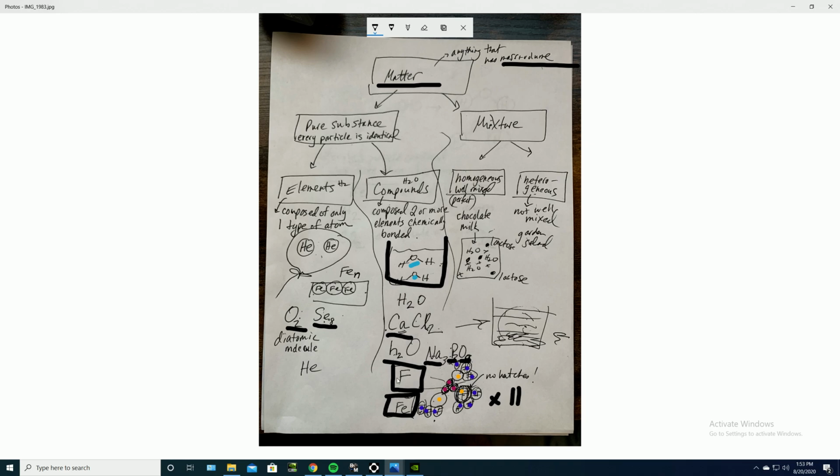So when you're writing an element name, the first letter always has to be uppercase and the second always lowercase. And if it's just one letter, it's always going to be uppercase. So just follow this example. This is the first, this is the second.